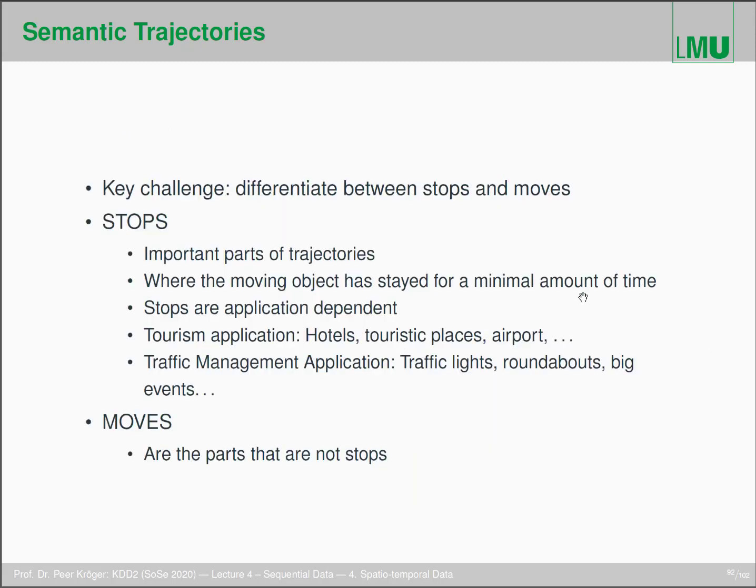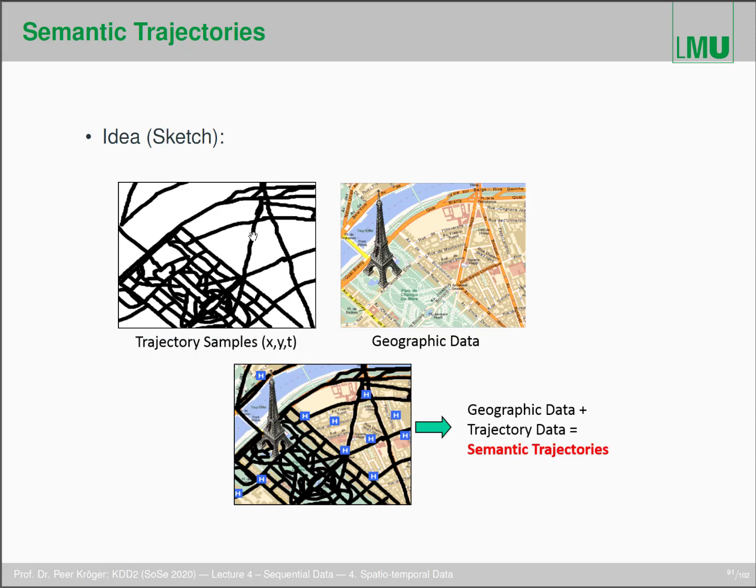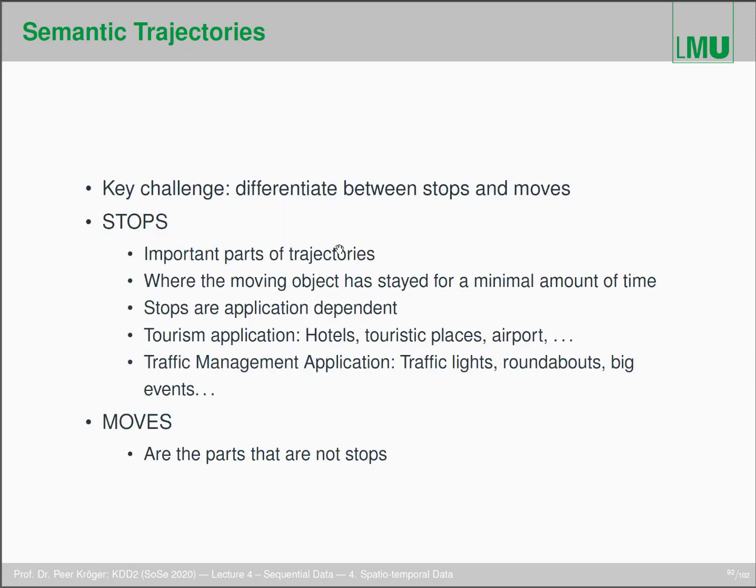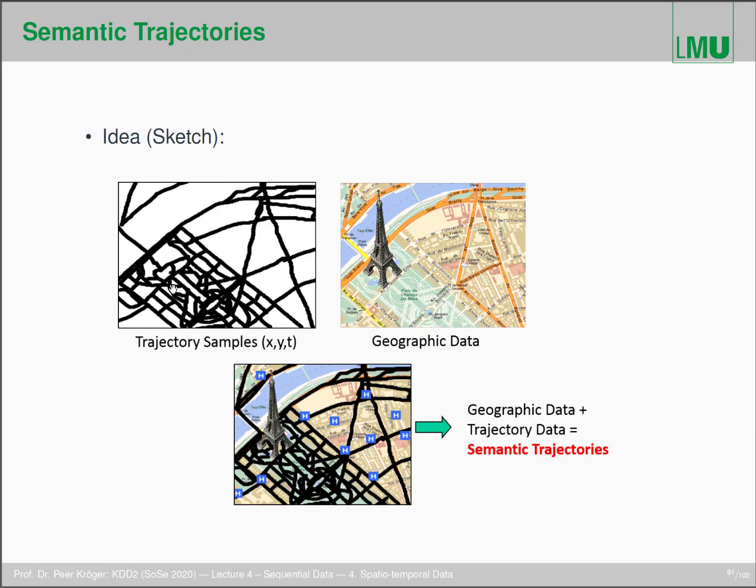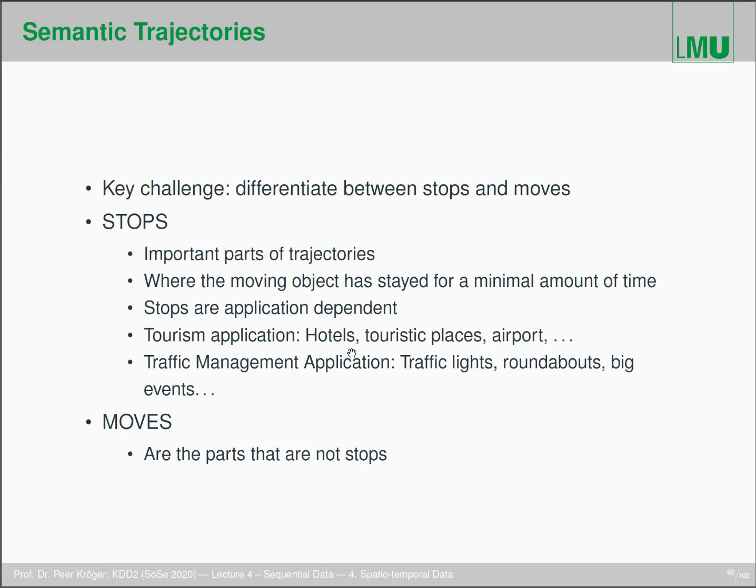Okay. And the key challenge here, if you want to mine semantic trajectories, is the differentiation between stops and moves. There's a lot of work about how to differentiate between stops and moves. So when does a trajectory stop at a given point of interest, which has a clear semantics, and when does the trajectory just move between two of those regions of interest or points of interest. Stops are the important parts of the trajectories, where the moving object has stayed for a minimal amount of time.